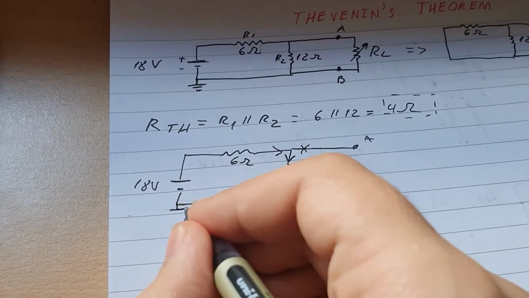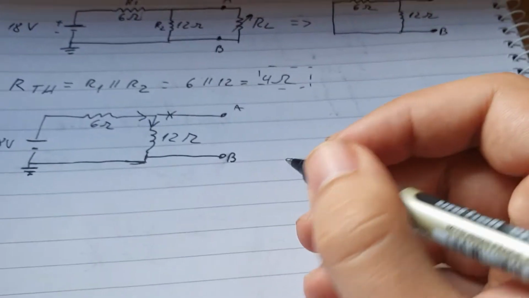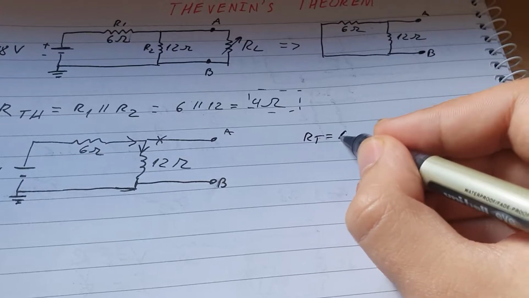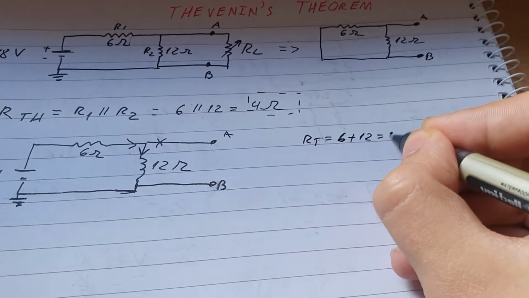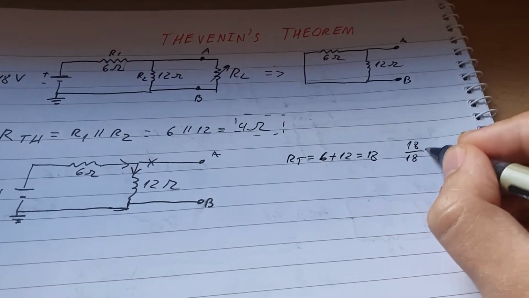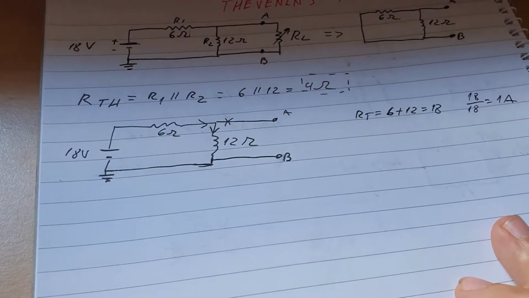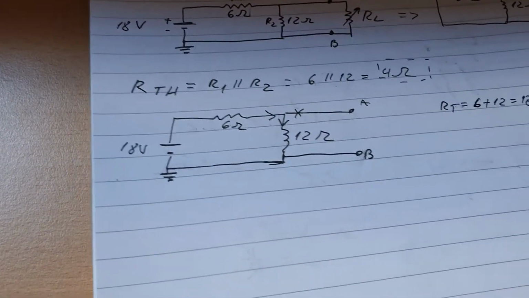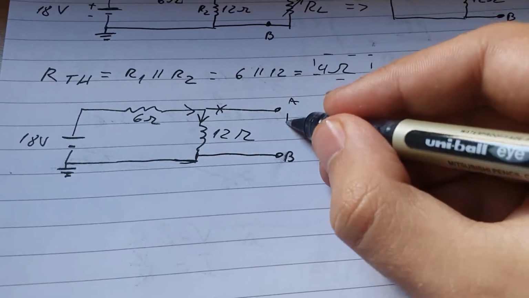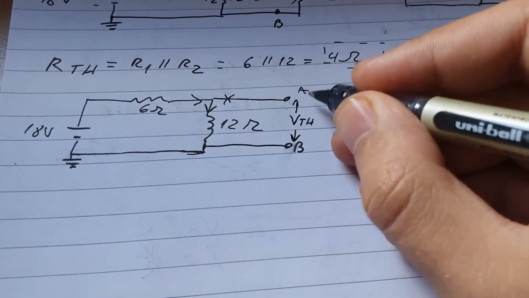We can put the ground here as well if you want to. R total will be equal to 6 plus 12, which is 18, and then 18 over 18 gives us 1 amp. Now, how do we find the value of VTH? VTH will be this value here.